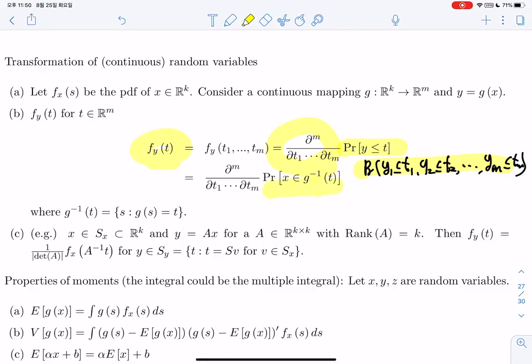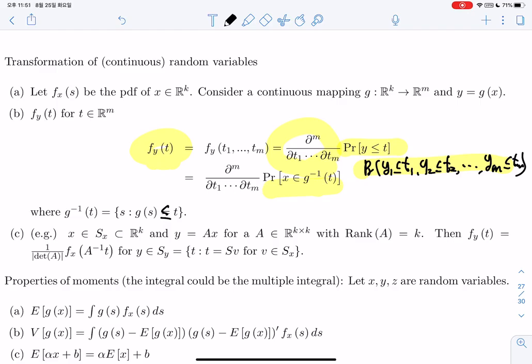That's this. Sorry, I believe this is smaller than t. Okay.